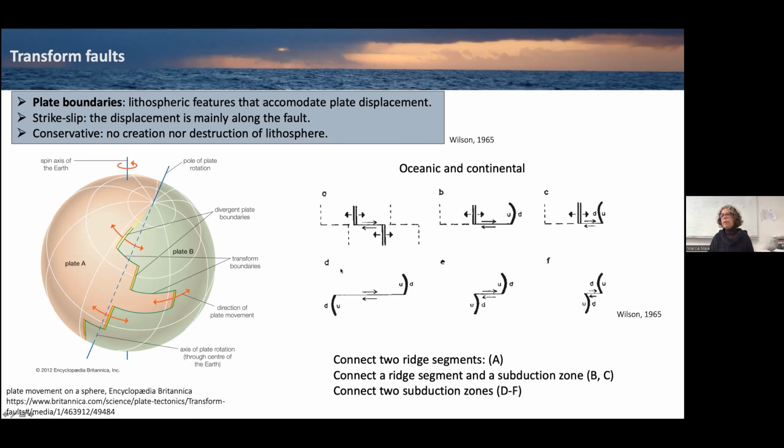And Wilson recognized several kinds of transform faults, depending on whether they connect divergent plate boundaries, convergent plate boundaries, or a mix between divergent and convergent plate boundaries. We're going to talk about the first case, a transform fault connecting two ridge segments, two divergent plate boundaries, which are by far the majority of the cases of transforms.